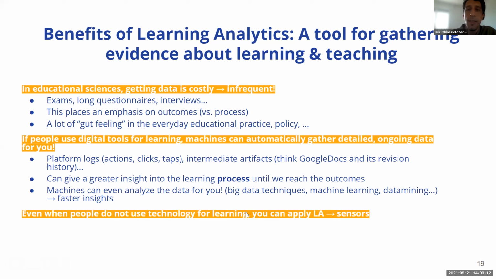There are many digital sensors now available that can help us make sense of learning happening in the real world, even if people are not necessarily using a digital tool for learning per se.